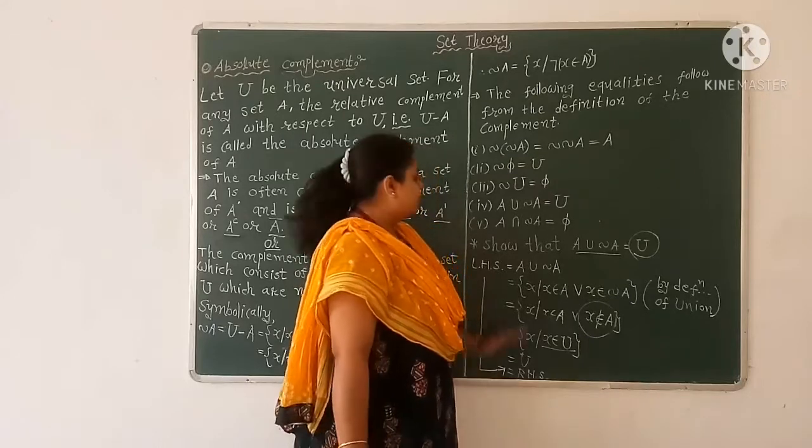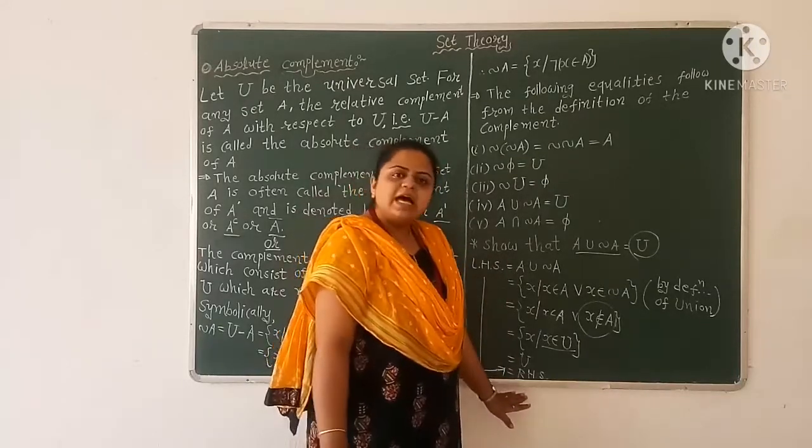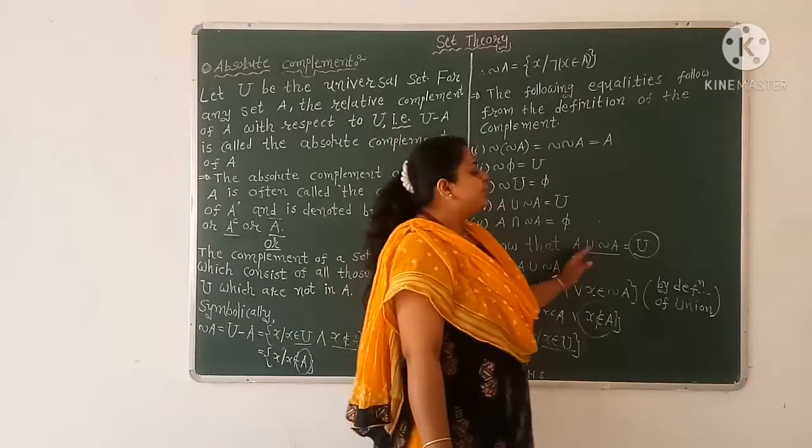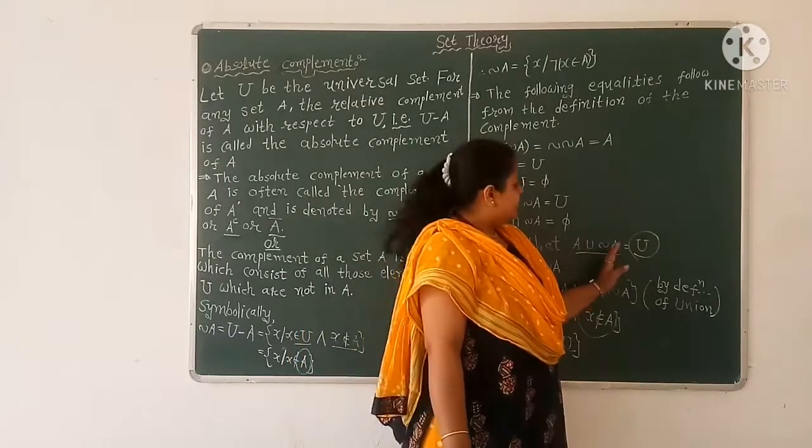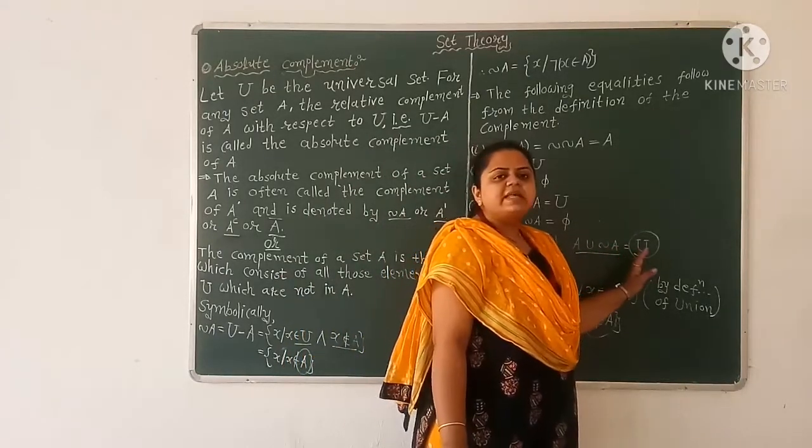So, here we have LHS is equal to RHS. That is A union complement of A is equal to universal set U.